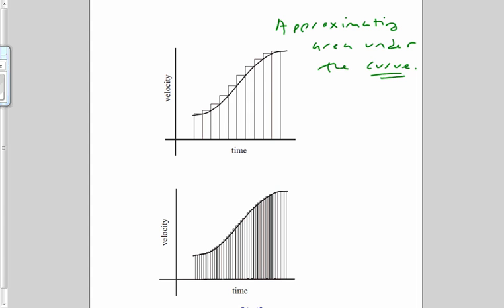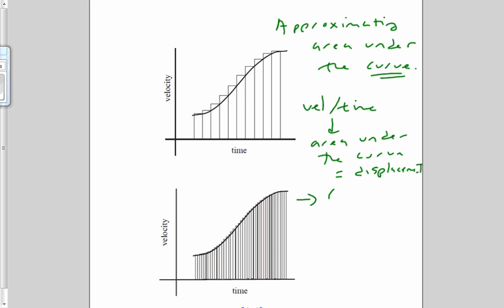And for these velocity time graphs, we've said a couple times, the area under the curve equals our displacement. And a key thing is for increased accuracy, the way that we can get a very accurate representation for displacement.